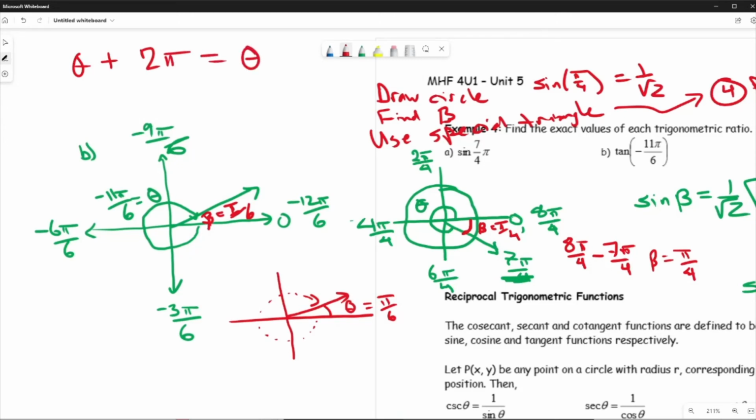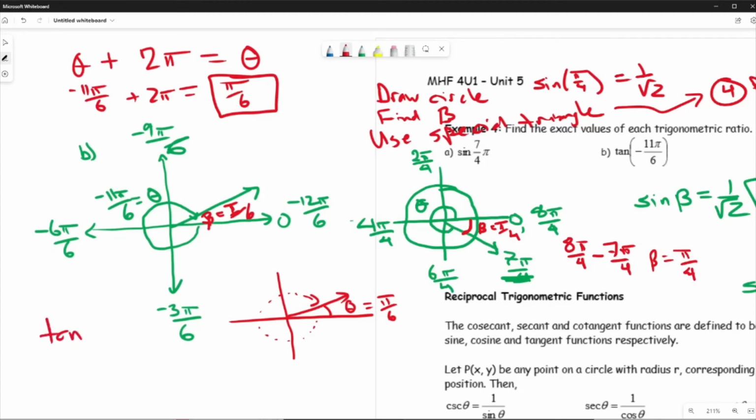Theta plus 2 pi goes back equal to itself. It's a full rotation. Negative 11 pi over 6 plus 2 pi is equal to pi over 6. And I could work with that number instead. I could work with the positive angle instead of a large negative angle.